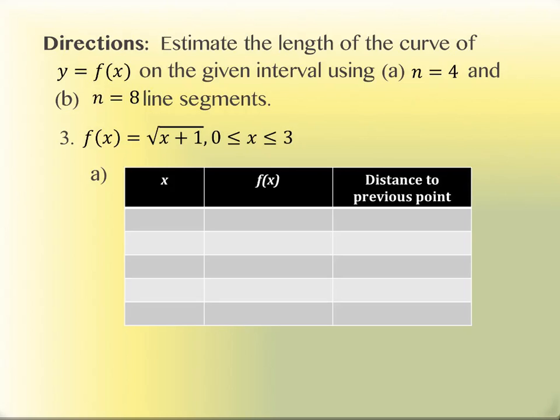Okay? All right, so to start with, we have the interval from 0 to 3. The first endpoint is 0, and the last endpoint is 3. If you imagine starting at 0 and ending at 3, and you cut it in half, where would you end up? 1.5.